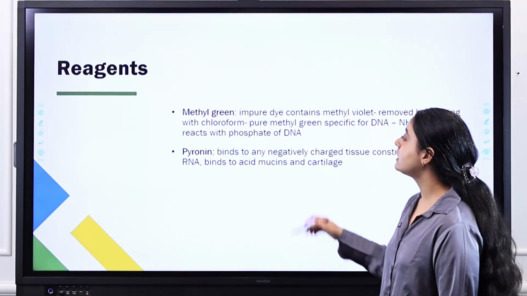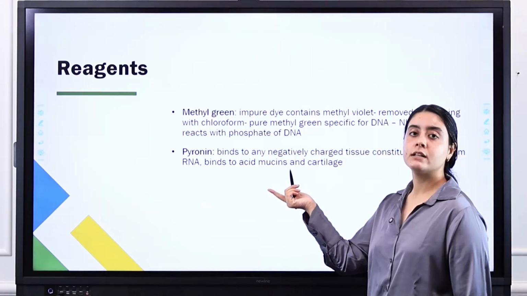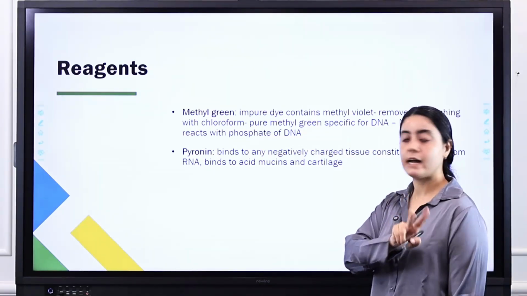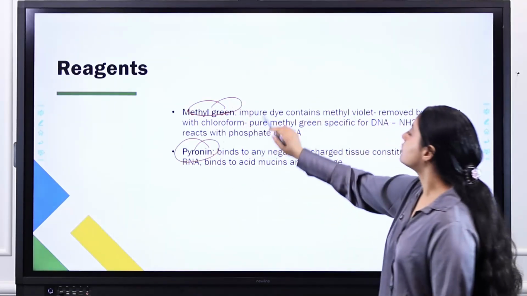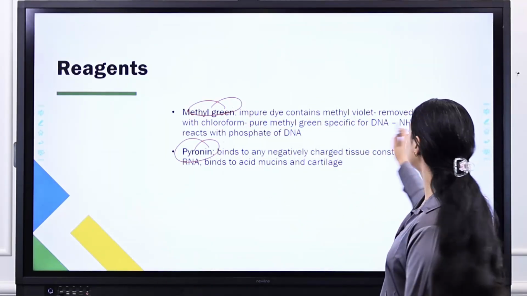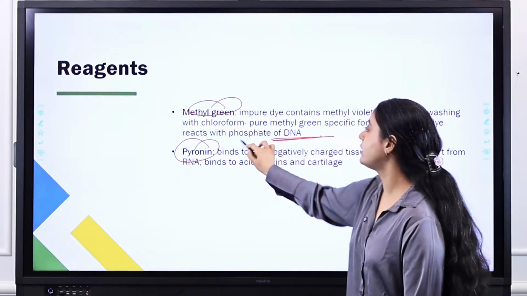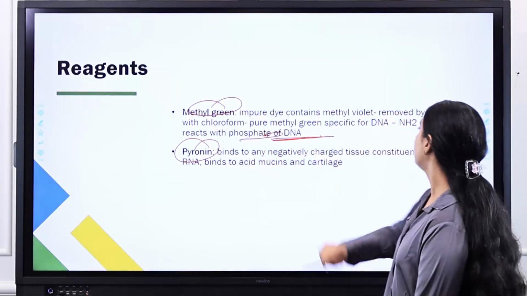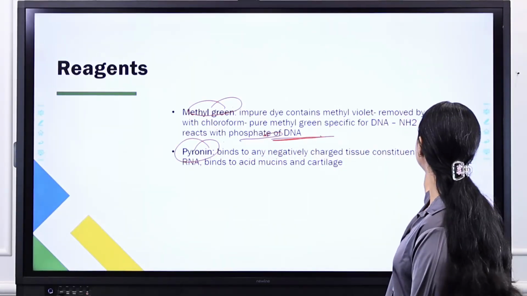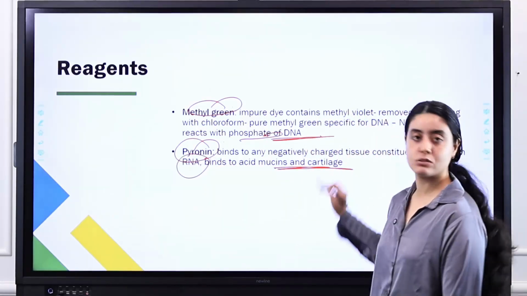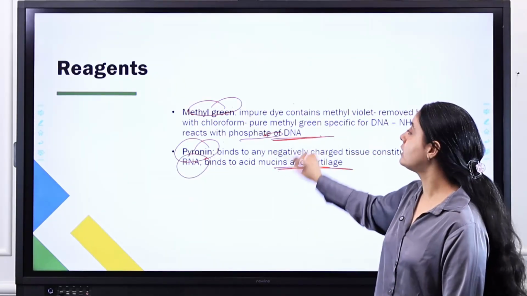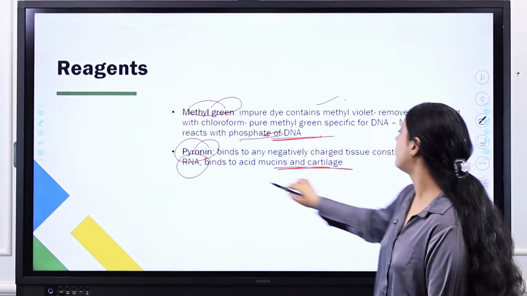Okay, what are the reagents? As we have read in the previous slide, it has two dyes. First is methyl green and second is pyronin. Methyl green reacts with the phosphate of the DNA, and pyronin helps in staining the RNA, and it binds to the mucins and cartilages also. So we have two dyes, one for DNA and one for RNA.